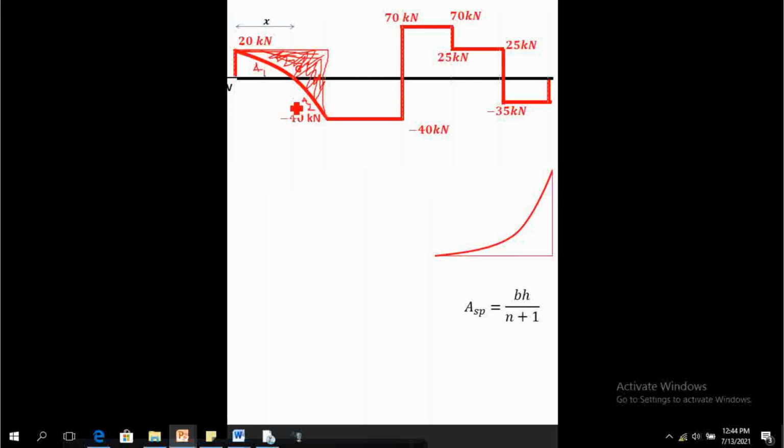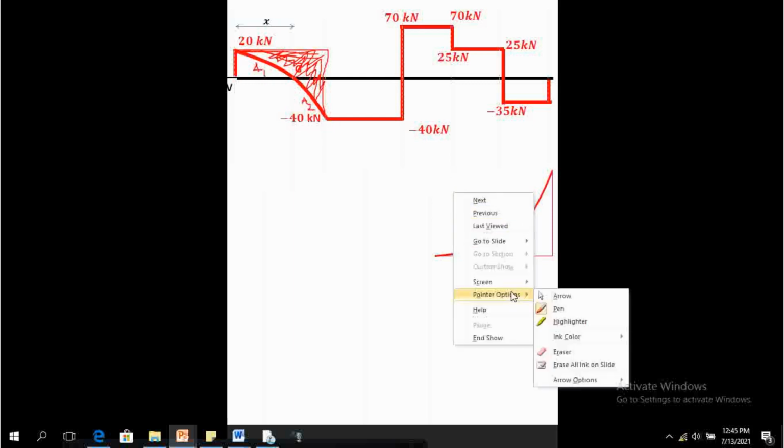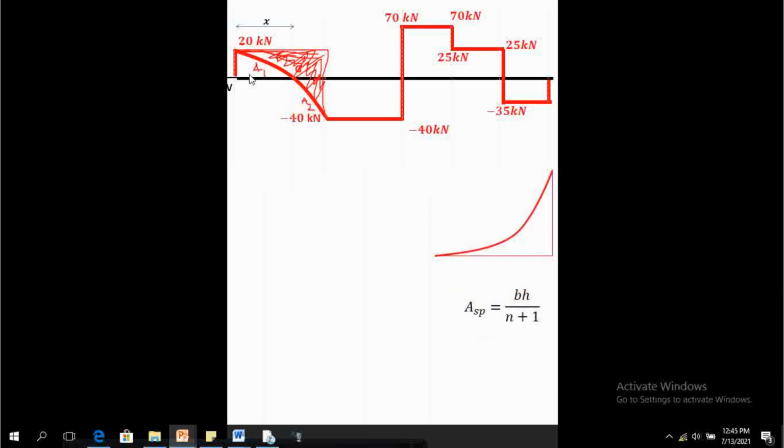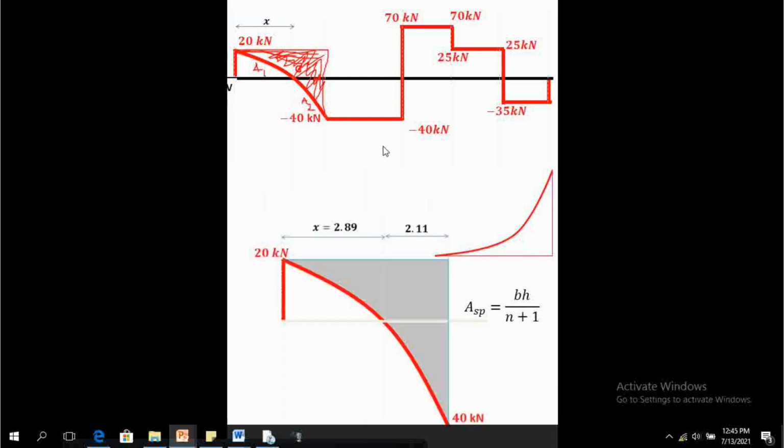So, I need the concept of spandrel to determine the area of my shear diagram. So, if I'm going to explode itong part lang na to, it will look like this. Okay. Andito si 20 kN, andun si negative 40 ito. So, yung spandrel, itong nakakulay gray.